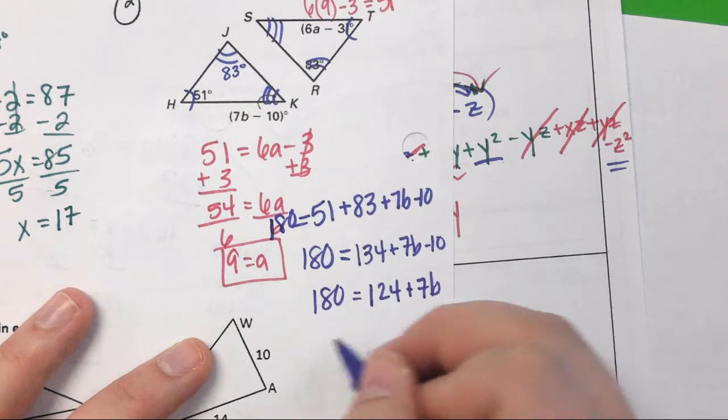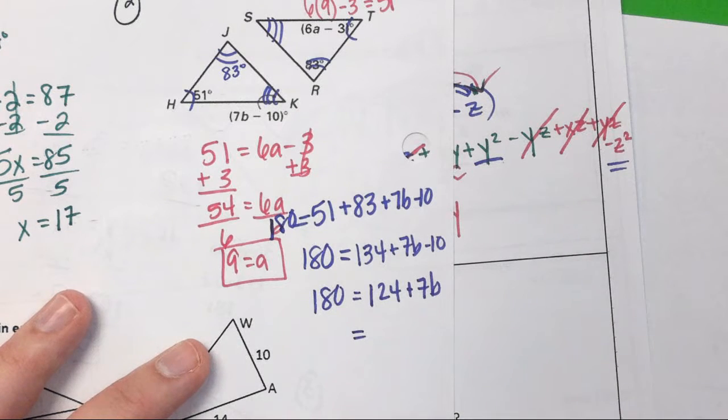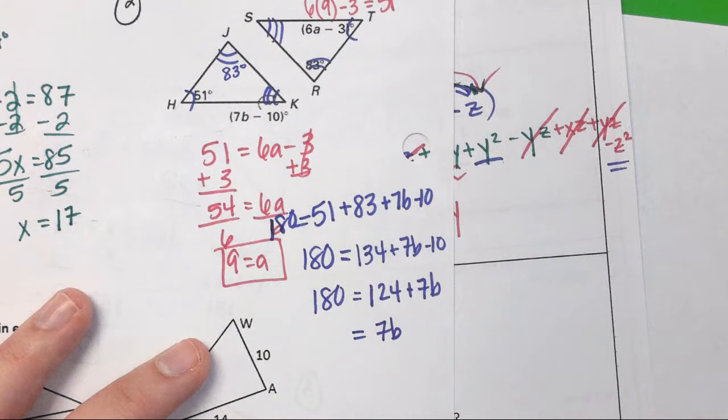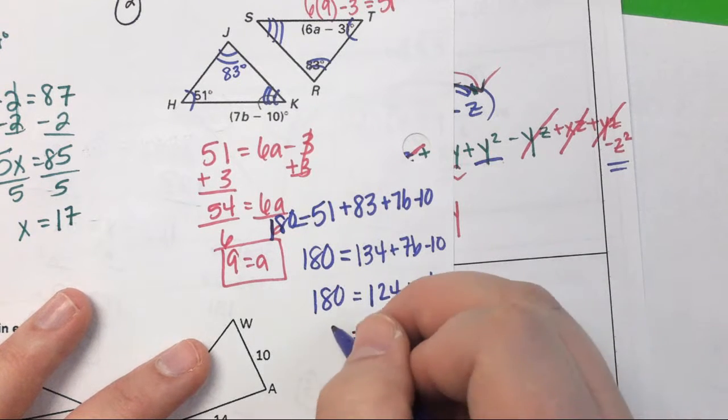Okay. Subtract 124 from this. What's 180 minus 124? Calculator. I want to say 56. I want it to be 56. Okay, good.